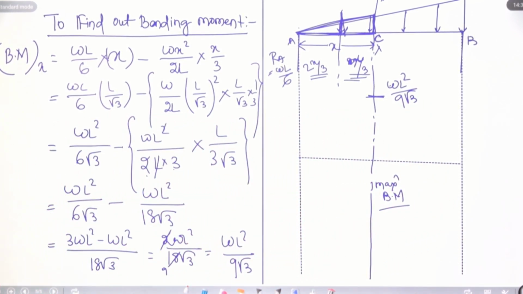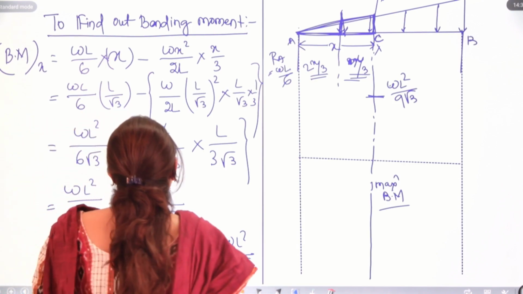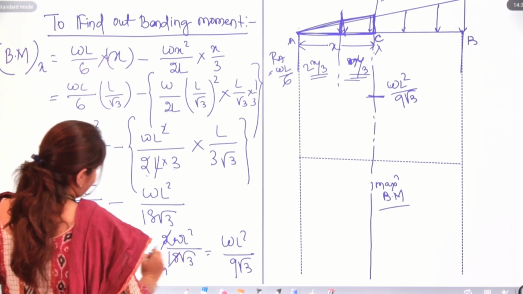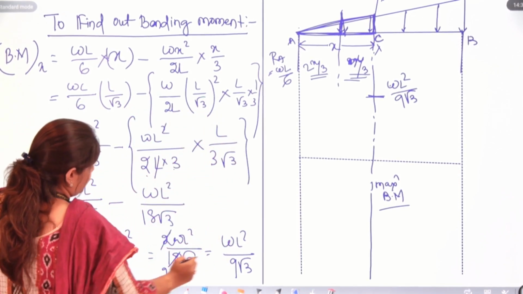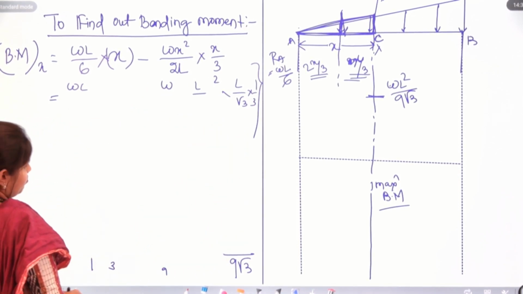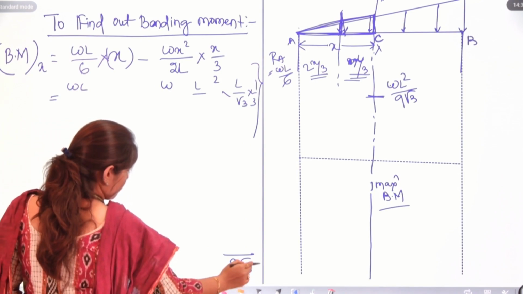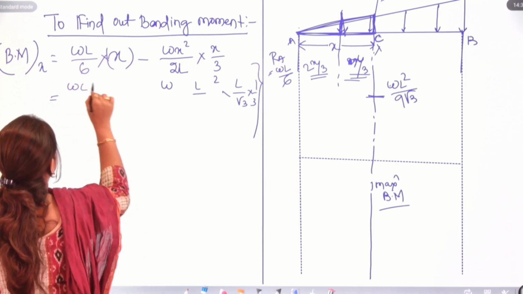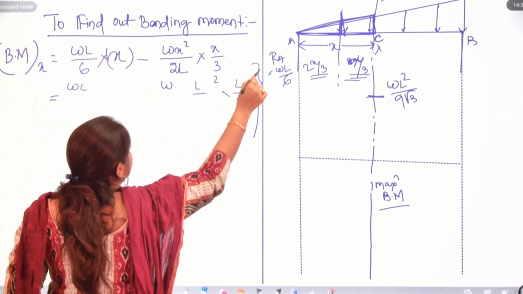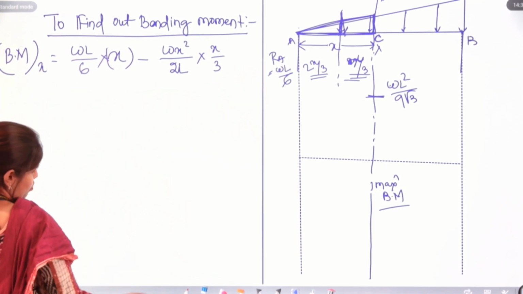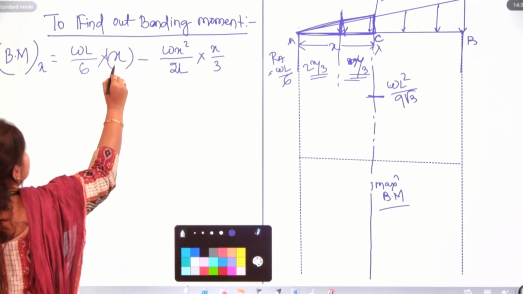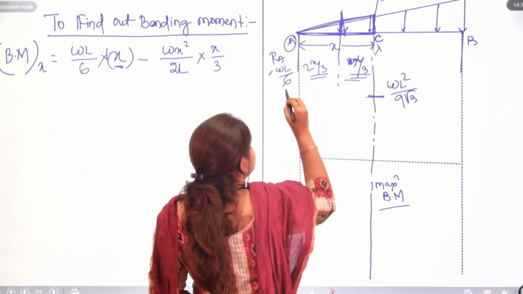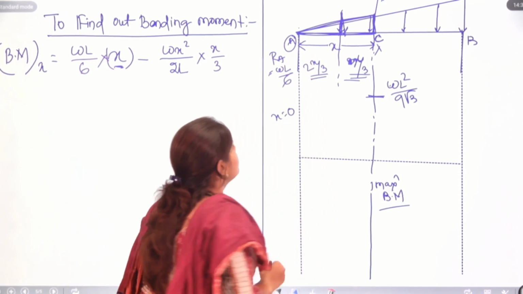Let's find out bending moment at point A. At point A, this x is going to be 0.